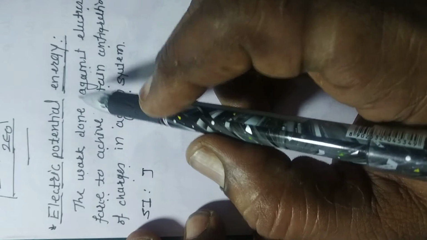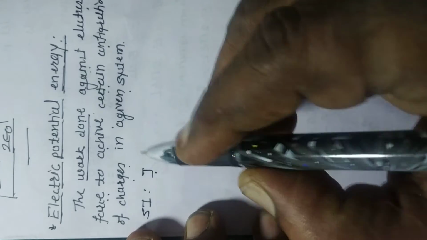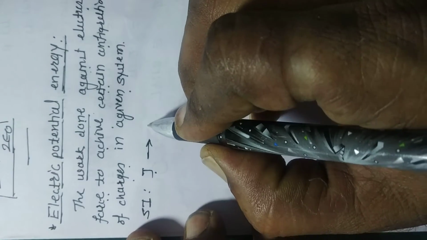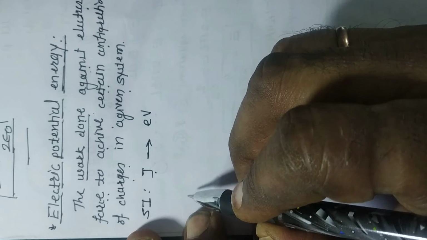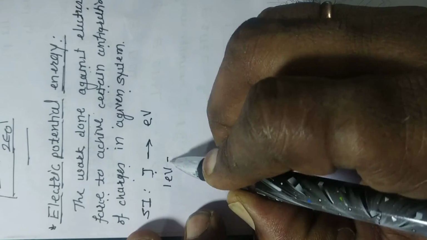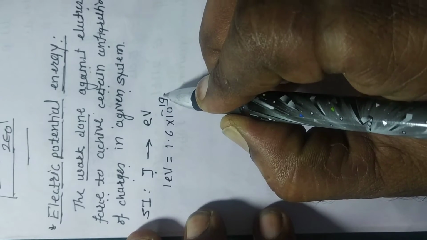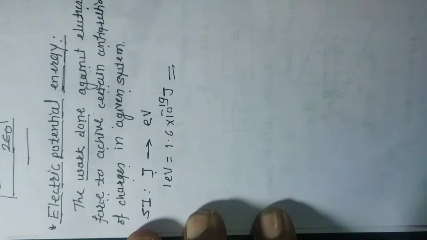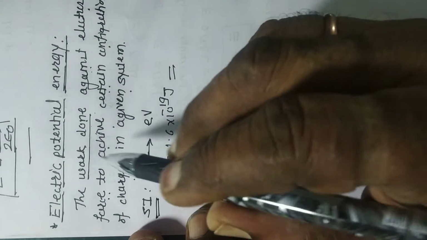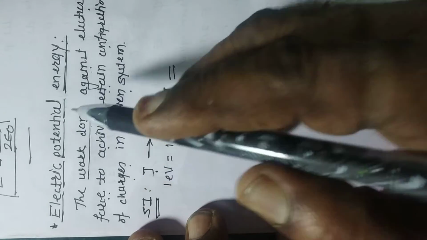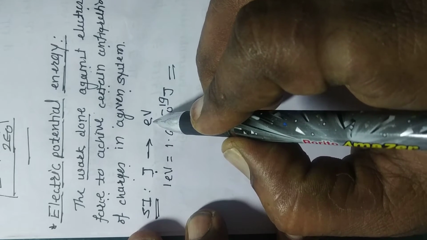Potential energy, that is work done, therefore SI unit is joule, but convenient unit of electrostatic potential energy is electron volt.